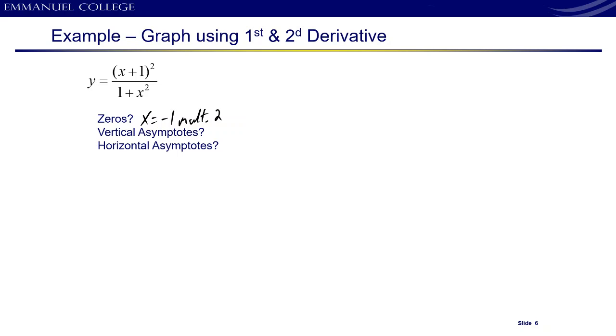That's always going to be positive, so that will never be 0. So none there. Horizontal asymptotes. So if we multiply this out, this would be x squared plus 2x plus 1. That will have a horizontal asymptote of y equals +1.